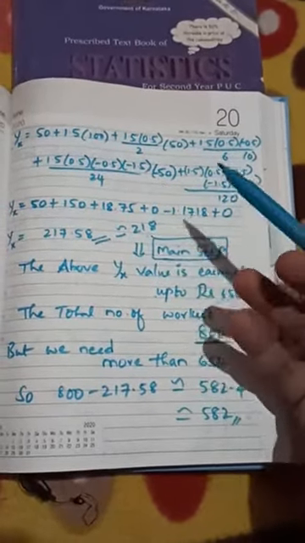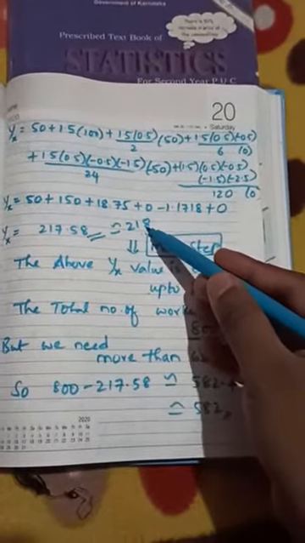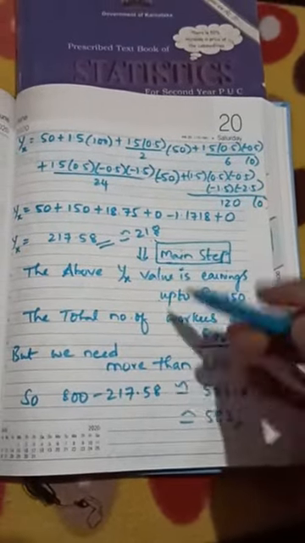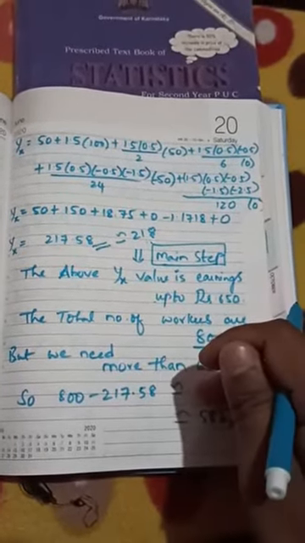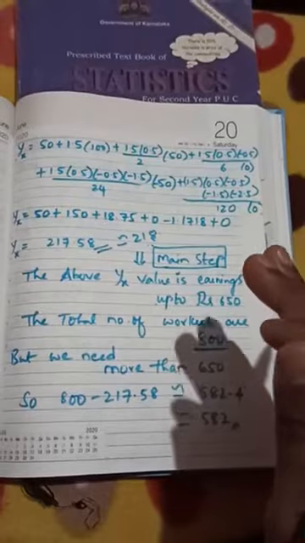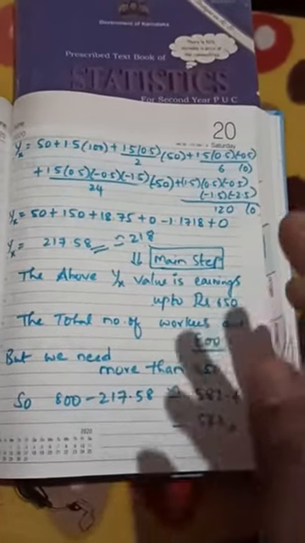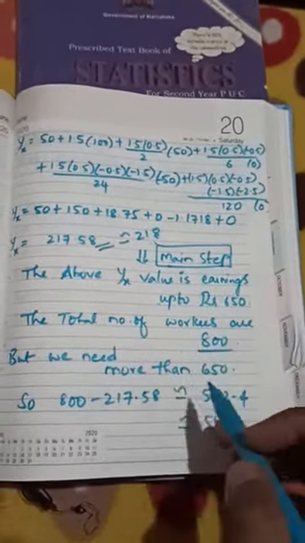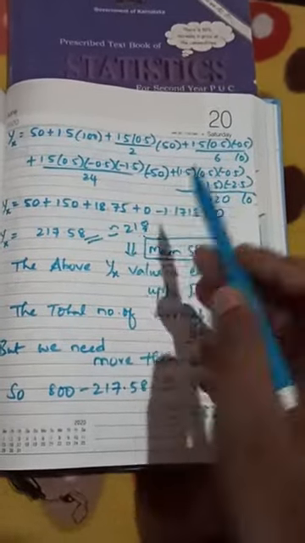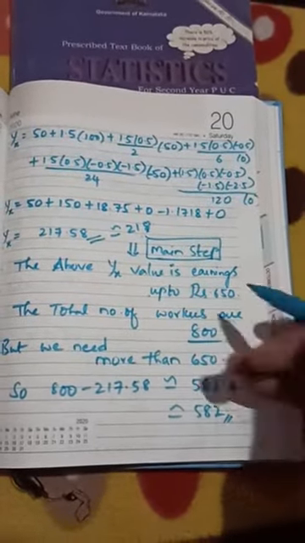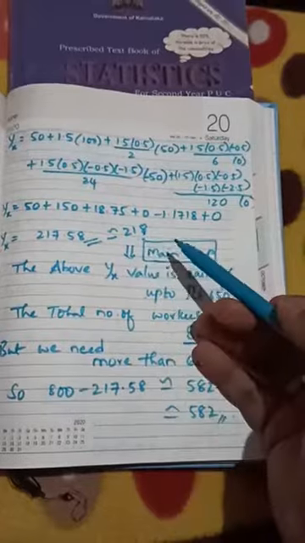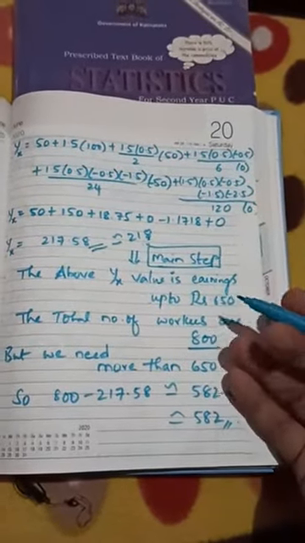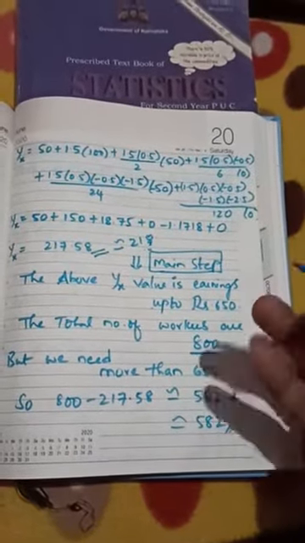Now more than 650 means from the total remove this. Out of 800, the number of persons who are getting wages more than 650 are, this is up to 650, who are getting, we have removed from the total number of persons. So 218 persons are getting less than 650 wages, but we require more than 650 wages.